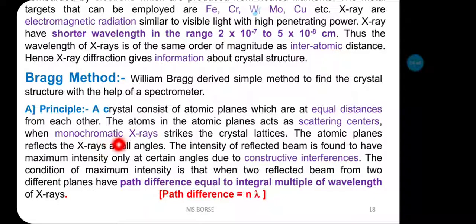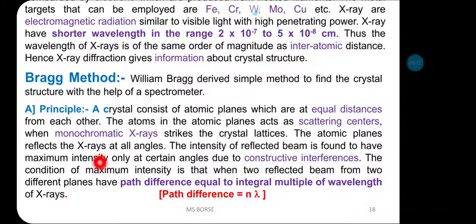When a parallel beam of monochromatic X-ray radiation strikes the crystal lattice planes, the atomic planes reflect the X-ray radiation at all angles. The intensity of the reflected beam is found to have a maximum only at certain angles due to constructive interference.